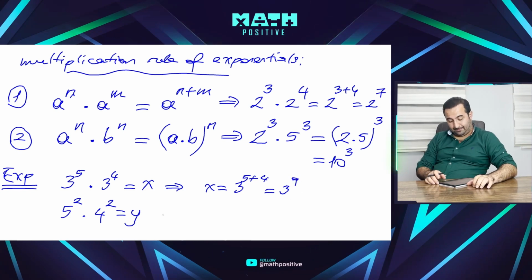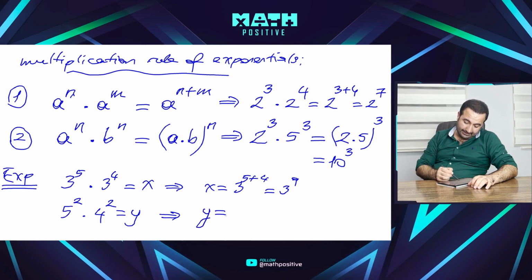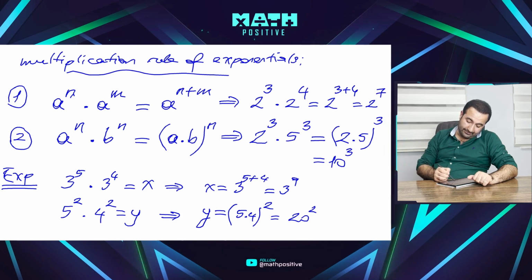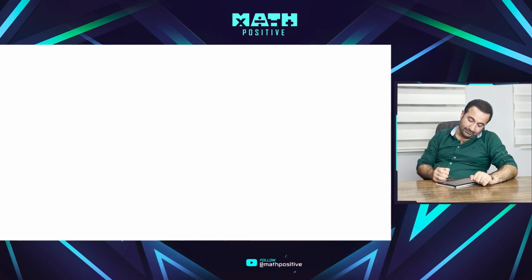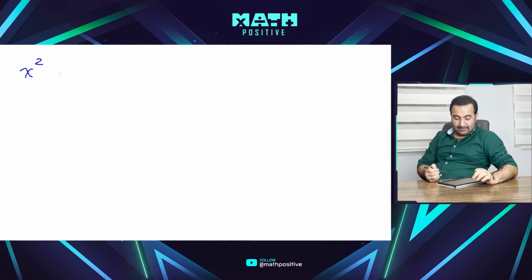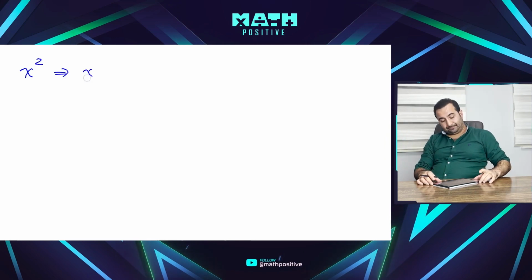Let's just apply our rules to this. X will be equal to 3 to the power 5 plus 4, which is 9, 3 to the power 9. And the second one, y will be equal to 5 times 4 to the power 2, so 20 to the power 2. Our rules can be applied like this.